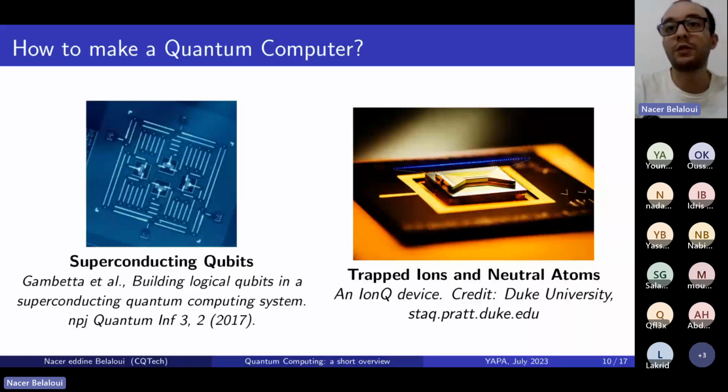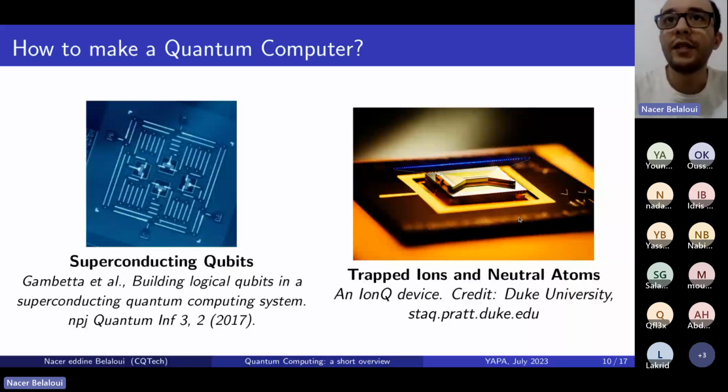The other, or let's say 2 other types of qubits are atoms. They are quantum systems, and we can use any quantum system as a qubit. I've put together trapped ions and neutral atoms in one category because they use the atom as the basis for the qubit. In this picture here, we see a trapped ion chip. This is from IonQ. IonQ is a company that makes quantum computers, and this is one of their devices.